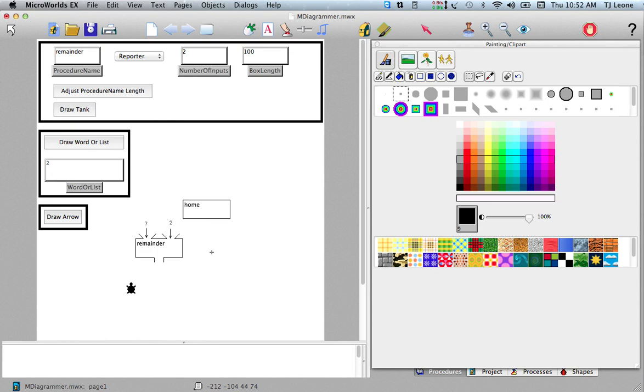So 7 divided by 2. Well, 2 goes into 7 3 times, and there's a remainder of 1, right? So the remainder is going to be 1, and we can also draw an arrow and have that come out.